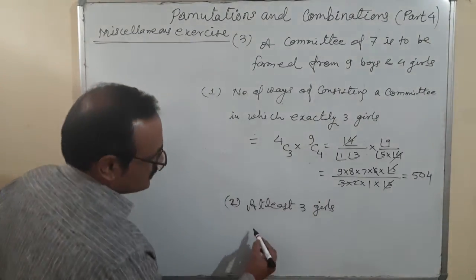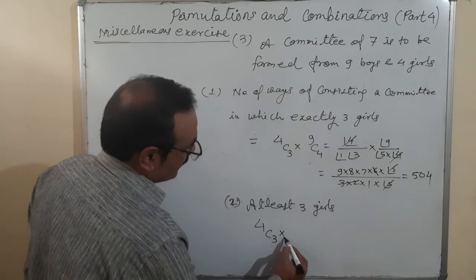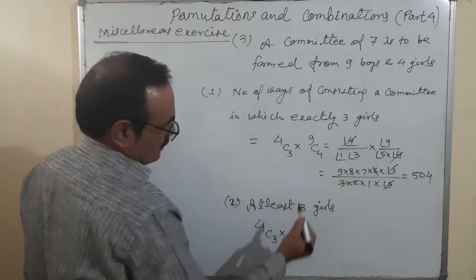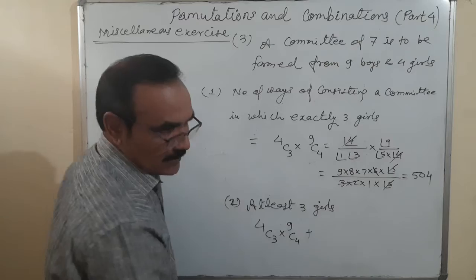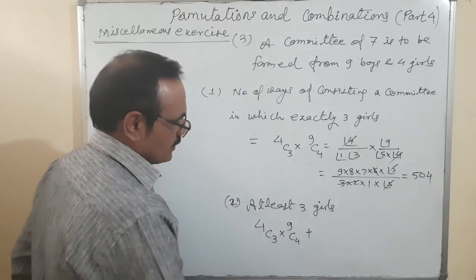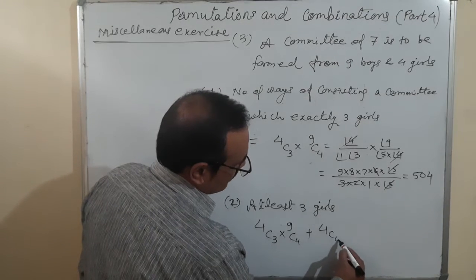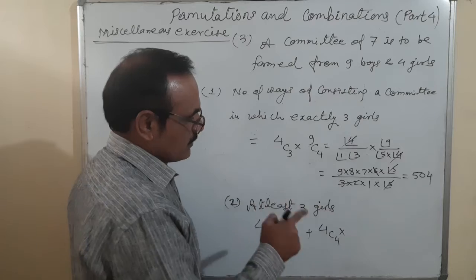So first I use the term 4C3, 3 girls, and the remaining boys, 9 boys are there, so 9C4. The first case, plus the second case is also possible, in which 4 girls are possible. So 4C4, when there are 4 girls in a committee of 7, how many are left? 7 minus 4, 3.